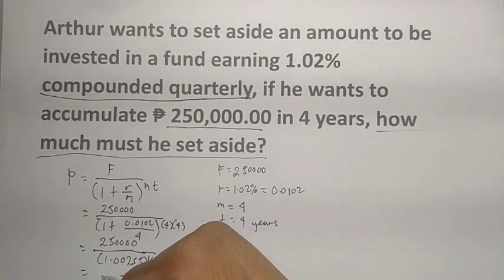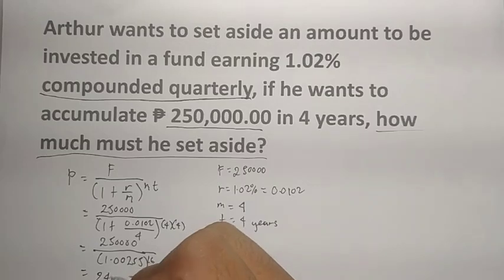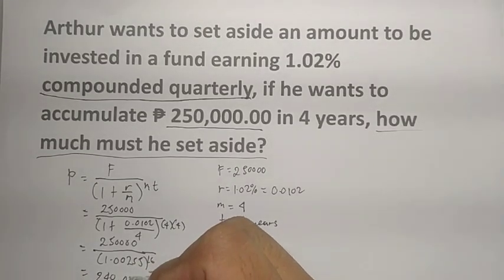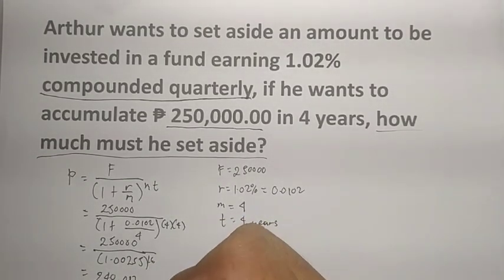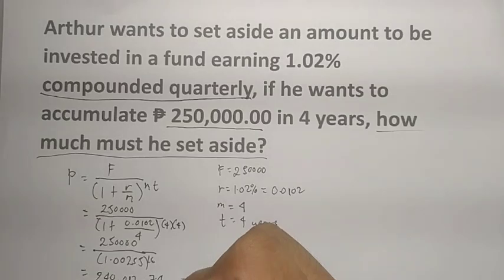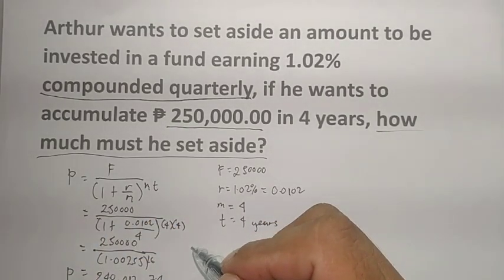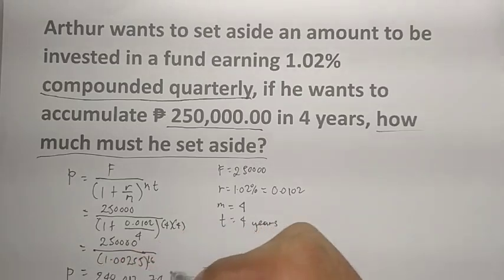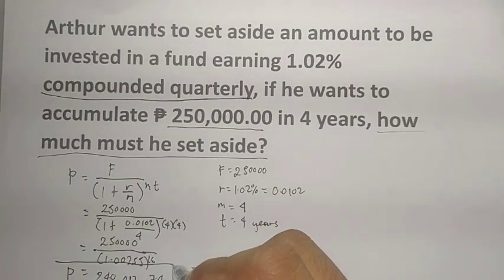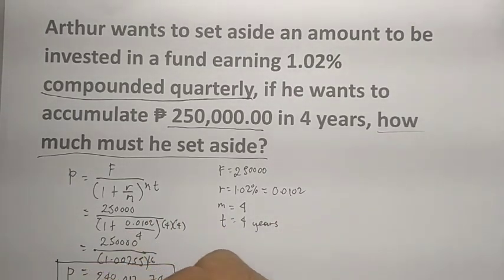So we have 240,017.74. So this is the money he must set aside in order to have a future value of 250,000 in 4 years.